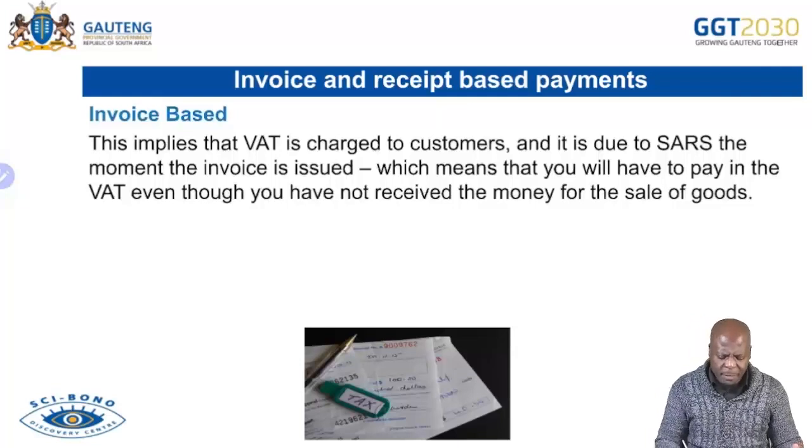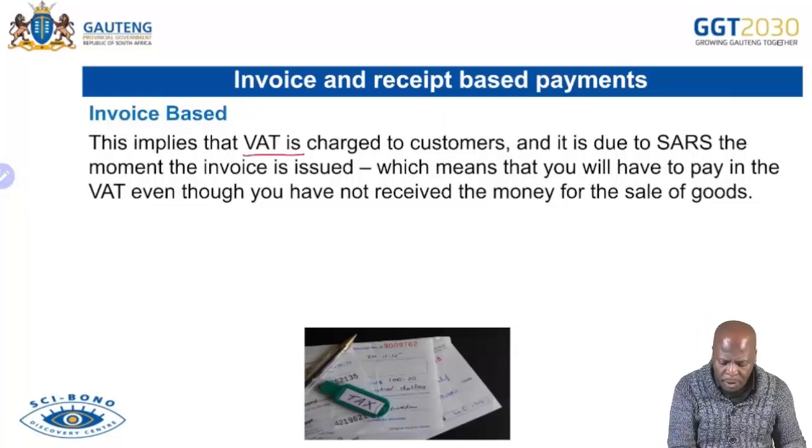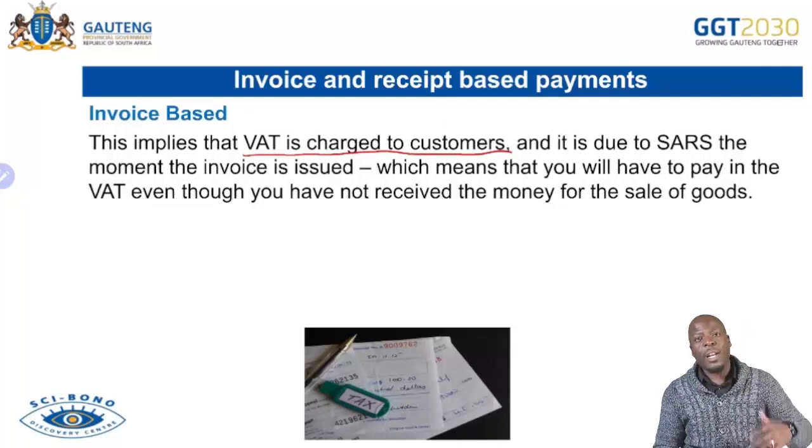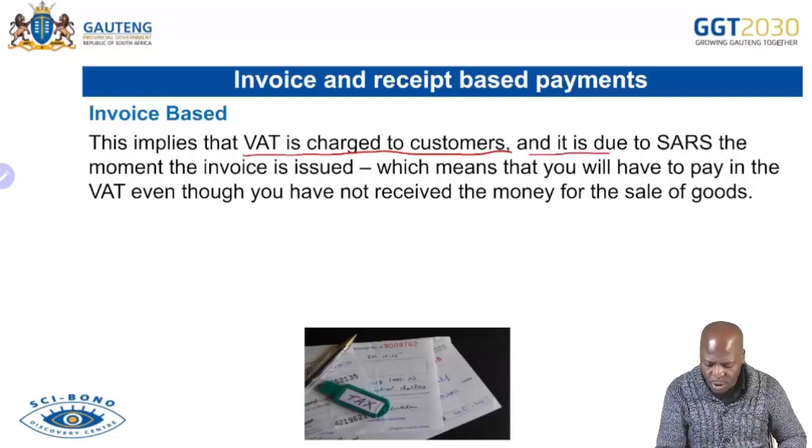All right, let's start with the invoice-based approach. This implies that VAT is charged to customers. Remember, we are a registered VAT vendor. So when customers buy goods, we have already charged VAT. And we are very much aware that this VAT is due to SARS.